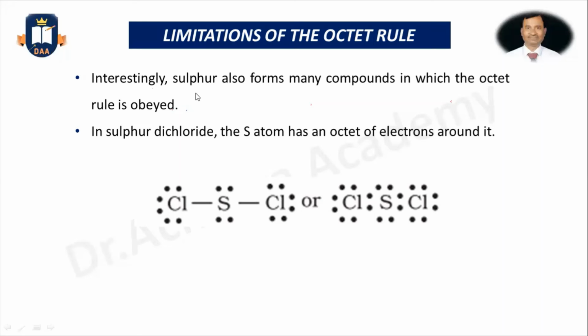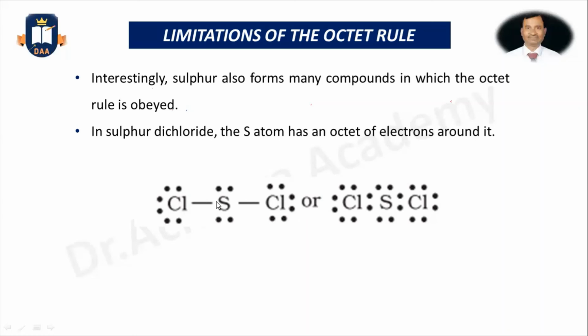But one thing you have to remember, sulfur also forms many compounds in which the octet rule is obeyed. That means for the sulfur atom, it may follow the octet rule or it may not follow the octet rule. For example, it follows the octet rule in sulfur dichloride.